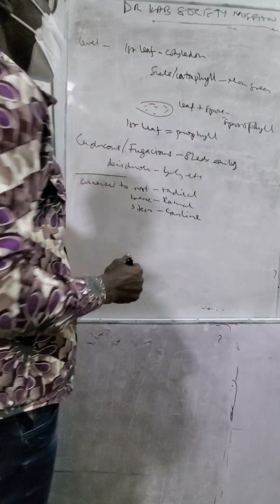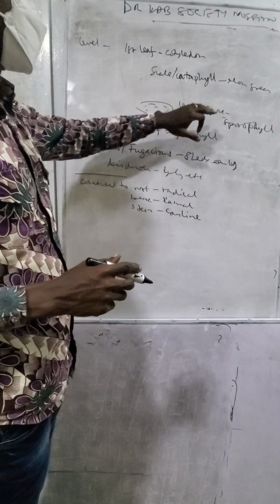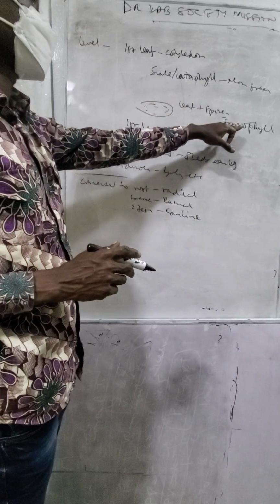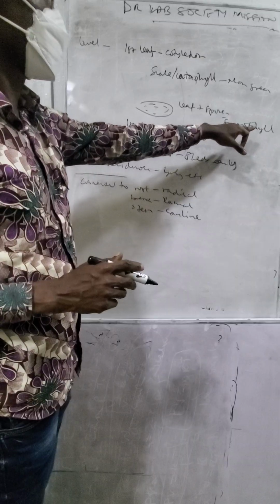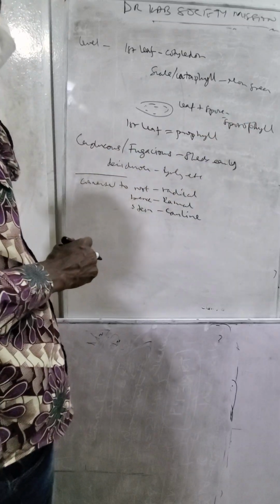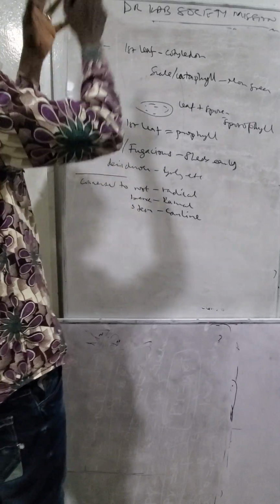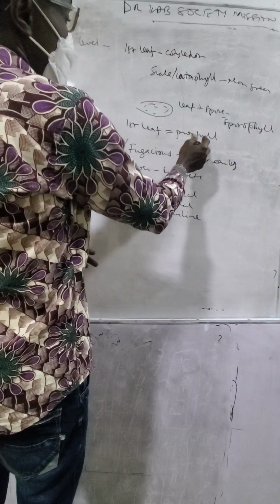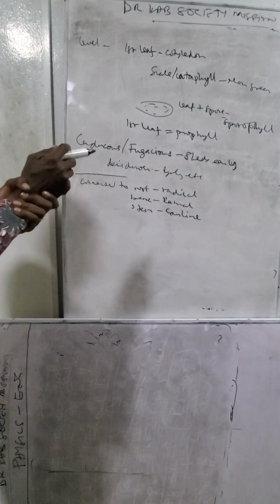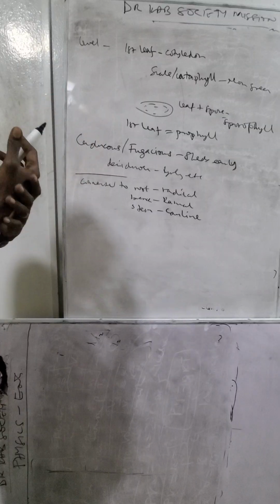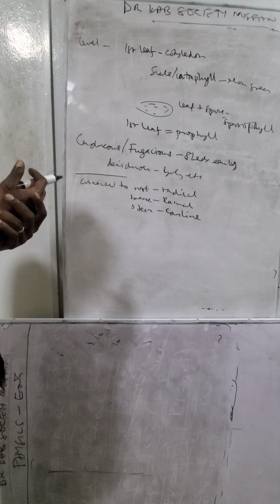Then you can have a leaf with the spores on it, the sporophyll. Then you can have the first leaf appearing, the prophyll. So these are terms; just get the terms, and then when you are doing your MCQs, you can use them too.